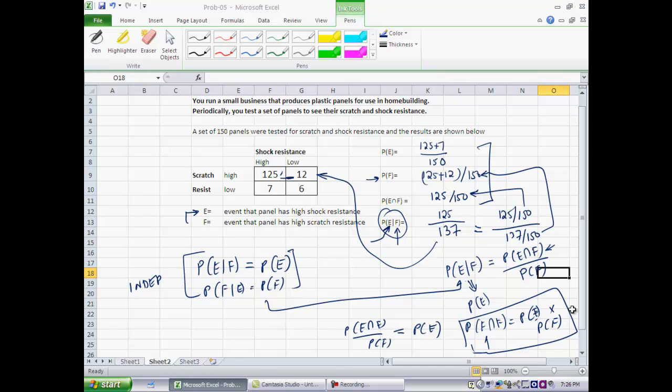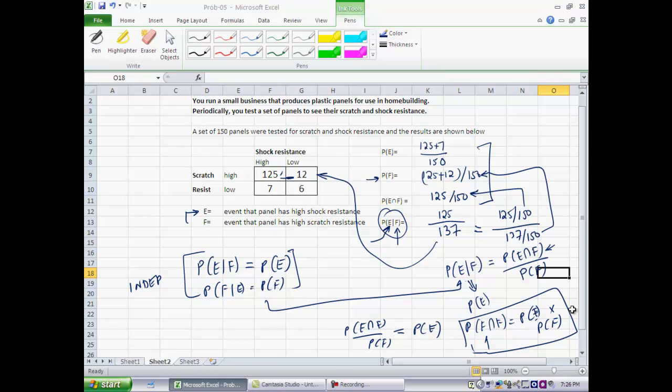So this is the famous multiplicative law of probability for independent events. Two events E and F are independent if the conditional probability is the same as the unconditional probability.